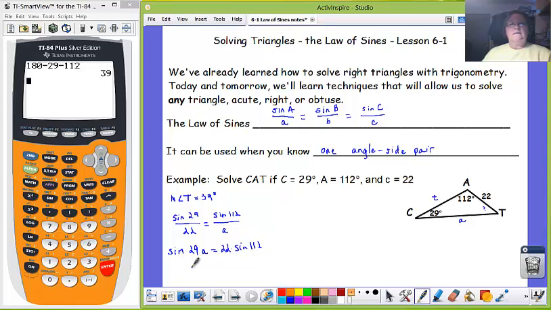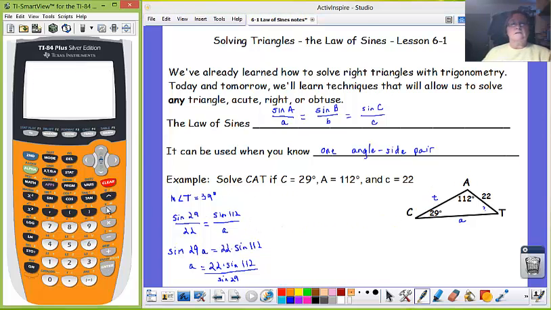To get A by itself, we divide by the sine of 29. So we need 22 times the sine of 112 divided by the sine of 29. Please make sure your calculator is in degree mode, because our angles are given in degrees here, and we can put that into our calculator just the way it looks: 22 times the sine of 112 divided by the sine of 29.